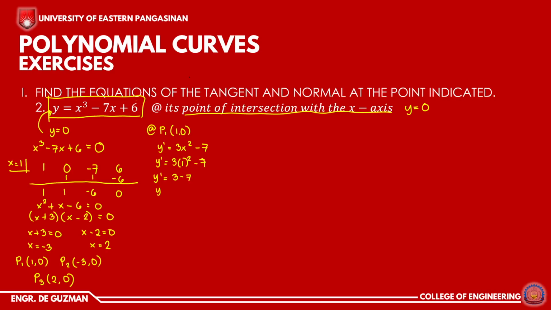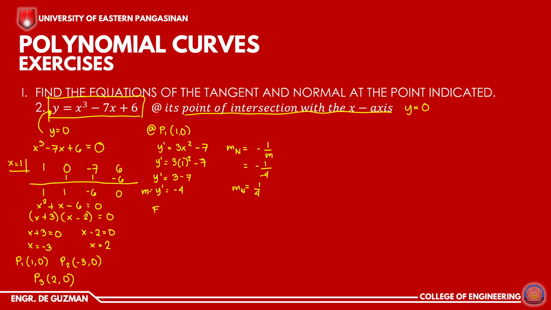So, y prime natin ay negative 4. And ang y prime natin is m. So, ang mn natin ay negative 1 over m. So, negative 1 over negative 4. So, ang mn natin ay 1/4.